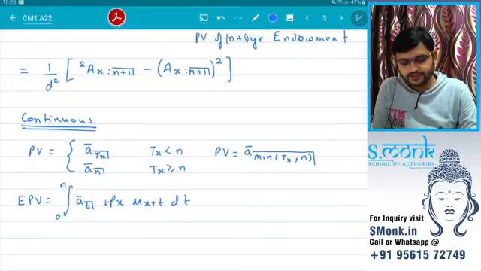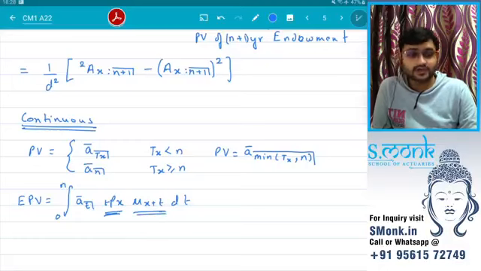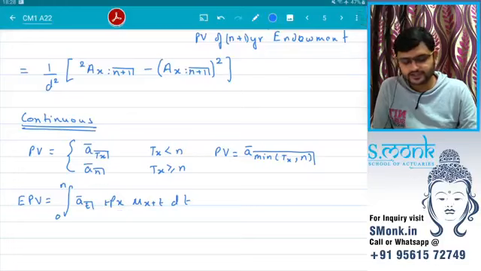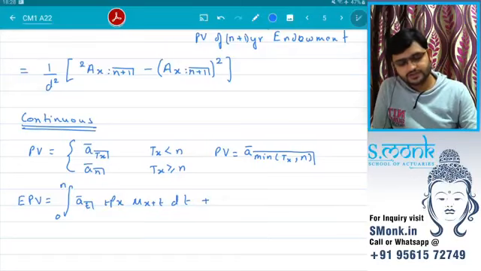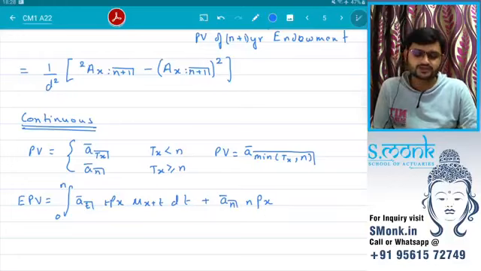So if a person anywhere in between 0 to n dies, survives till time t and dies immediately, mu x plus t, dies immediately at age x plus t, then this much payment would have been already given. Okay. Plus A bar n would have been given to anybody who survives, npx.